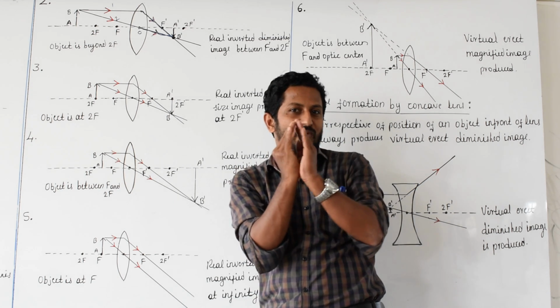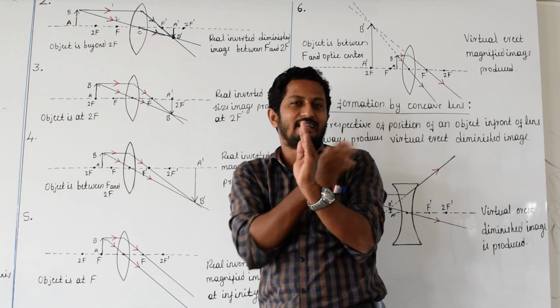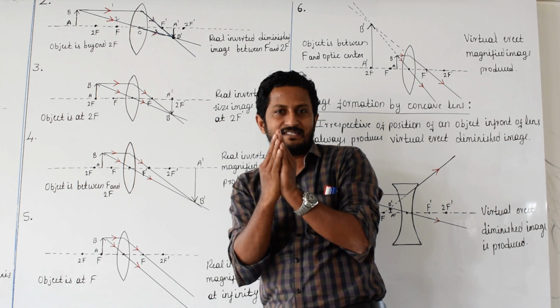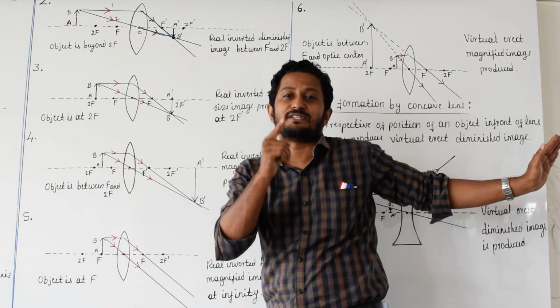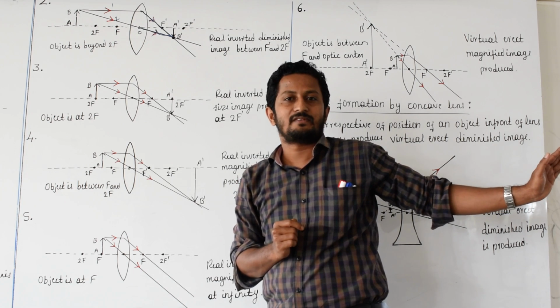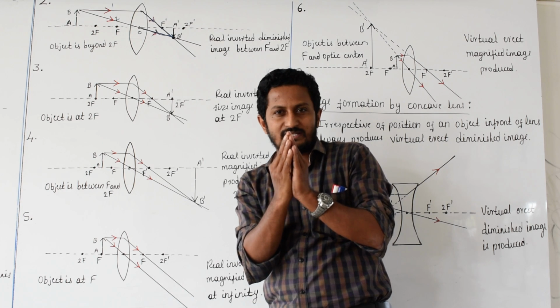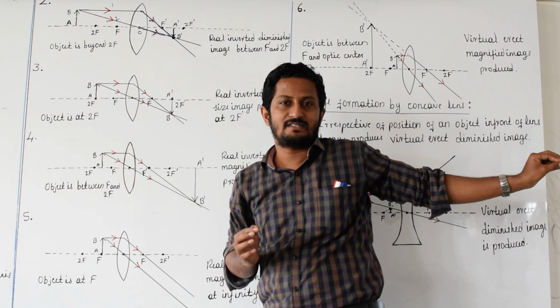I mean, image is moving away from the lens. When object is approaching the lens, image is moving away from the lens. This imagination you have to keep in your mind. It's very important. As you are taking object near to the biconvex lens, image is moving away from the biconvex lens.